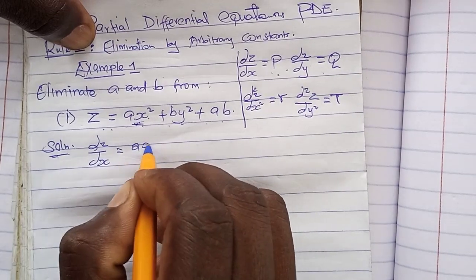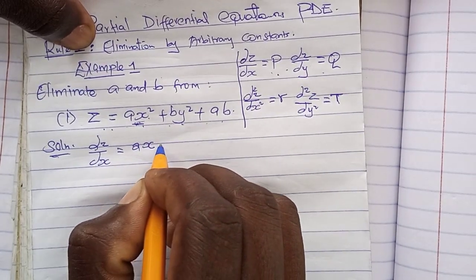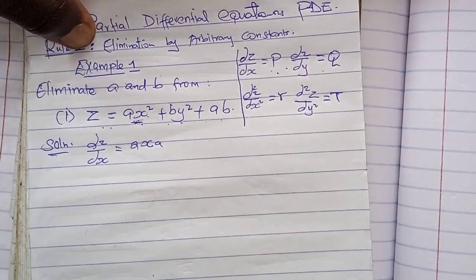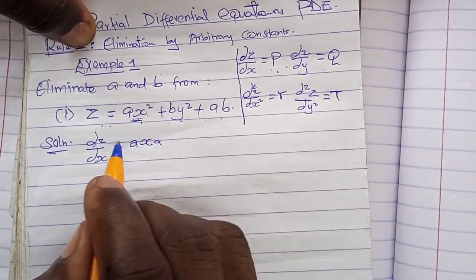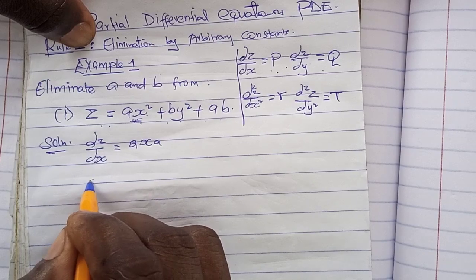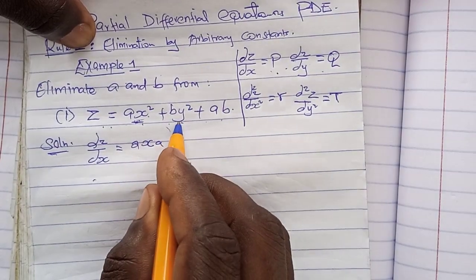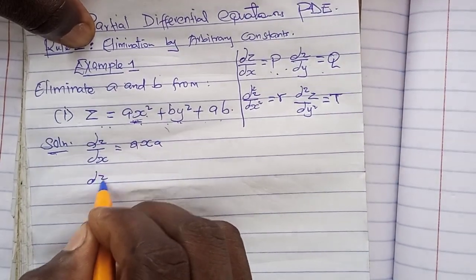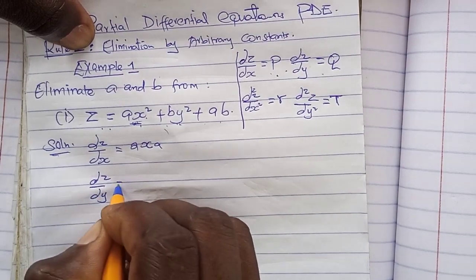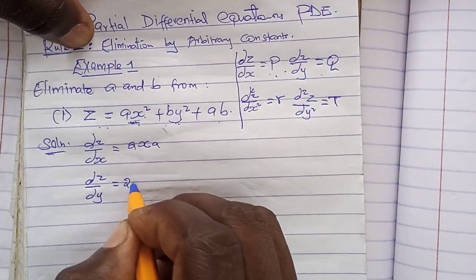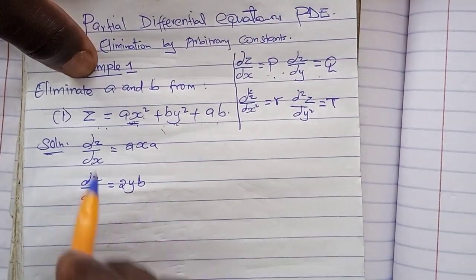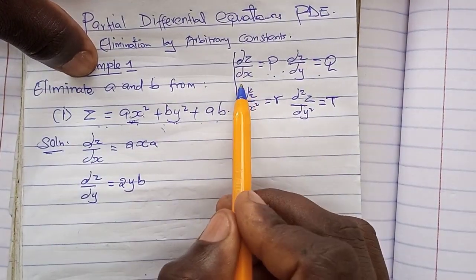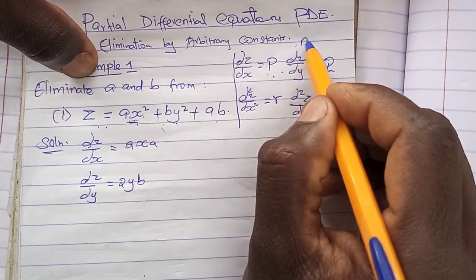So we have 2XA. Then if we differentiate partially with respect to Y, partial Z over partial Y gives us 2YB.